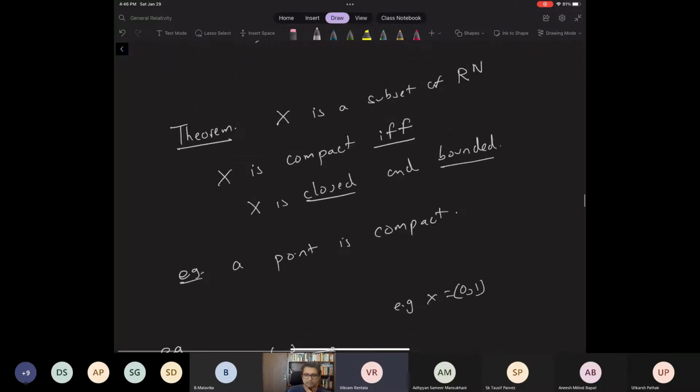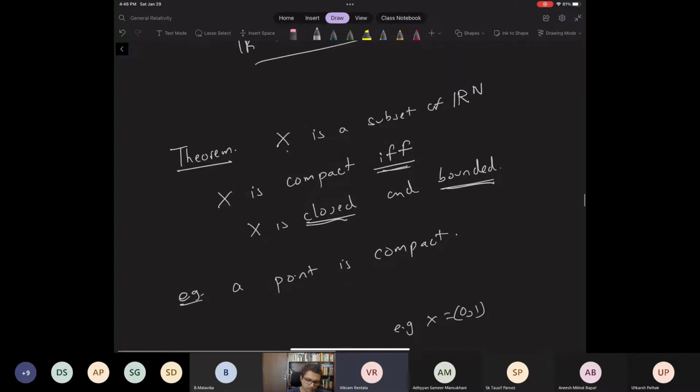If X is a subset of Rn, okay, so rather than just R, then the set X is compact if and only if X is closed and bounded. Okay, so you need both these conditions to hold, for a subset of Rn under the usual topology. You need X to be both closed and bounded for it to be a compact set.